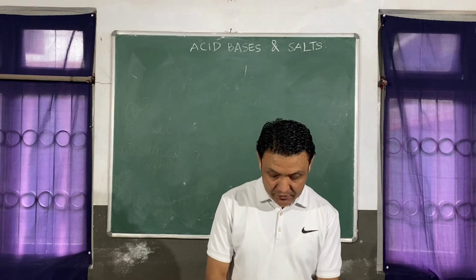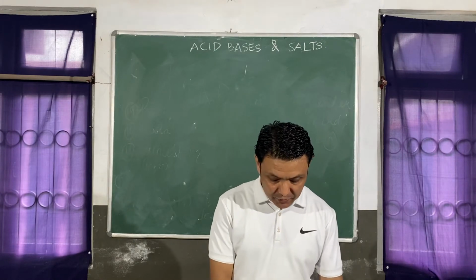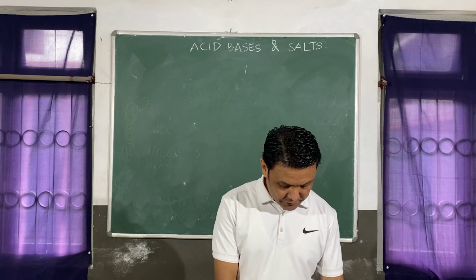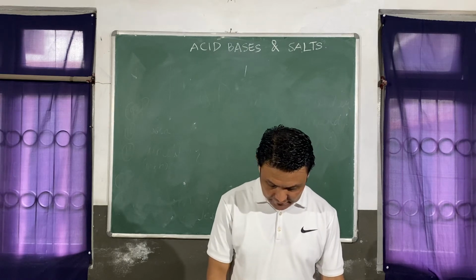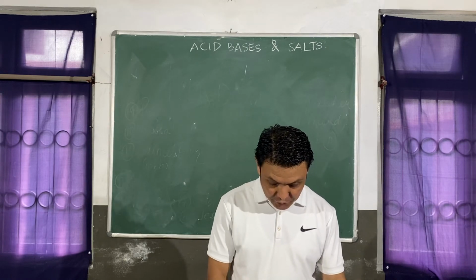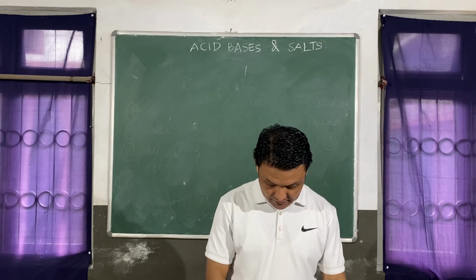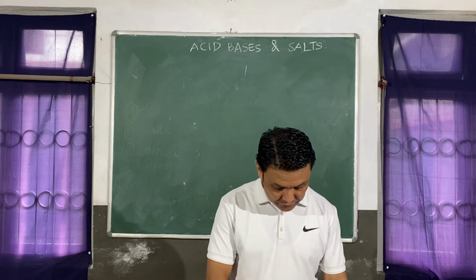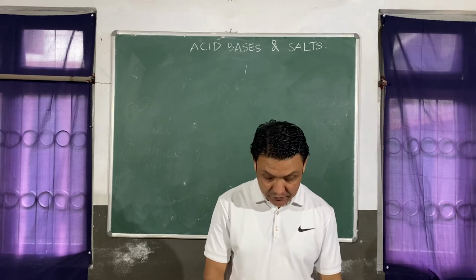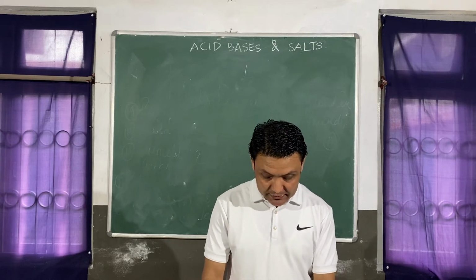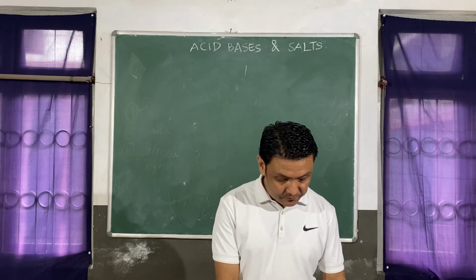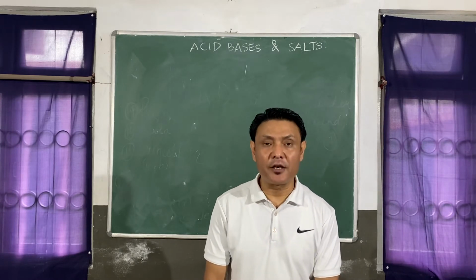As far as the book is concerned, you do not have to study pages 50, 51, 52 and 53. We have to do the last page, page number 56. Methods of preparation you need not study.